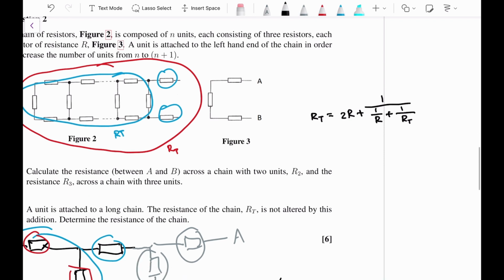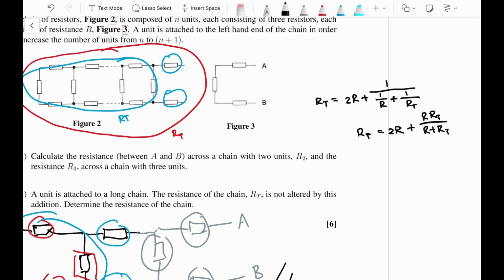Yeah, and then let's calculate this. Okay, so I'm first going to simplify this. So over here, RT, so therefore the numerator must be RT, and now there will be R plus RT.